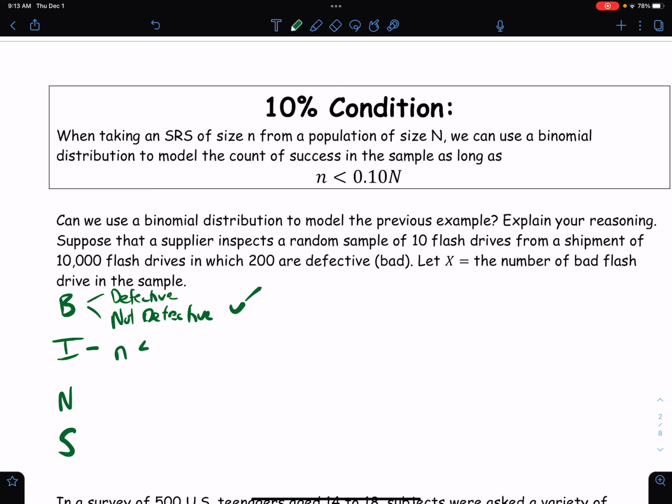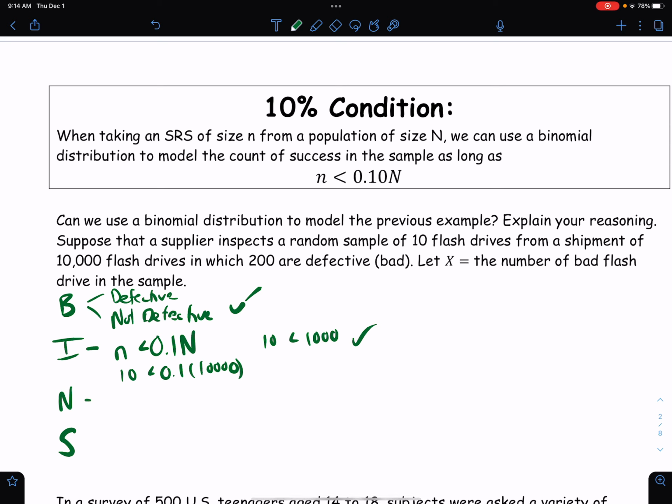The sample size is less than 0.1 of uppercase N. So our random sample of 10 flash drives is less than 0.1 of 10,000, because that is our population size, and 10 is less than 1,000. So that definitely checks out, so we can bypass independence. We're good to keep on going with our binomial check.